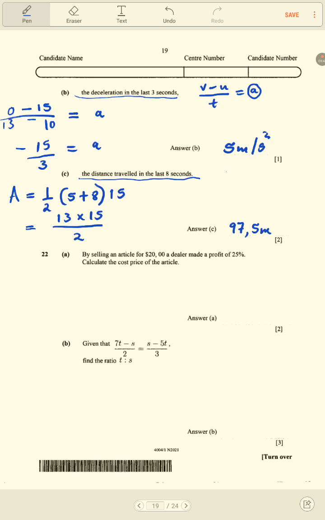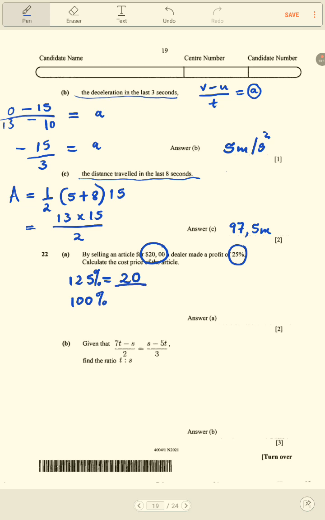So in other words, if by selling at 20 you're making a profit of 25%, then it means 125% is equal to 20, right? 125% is equal to 20. So what is 100%? 100% is the cost price.